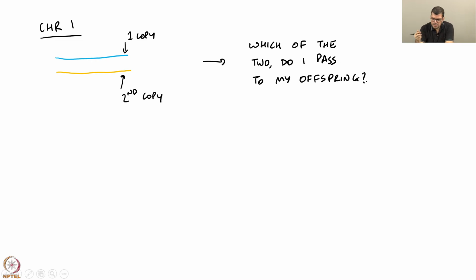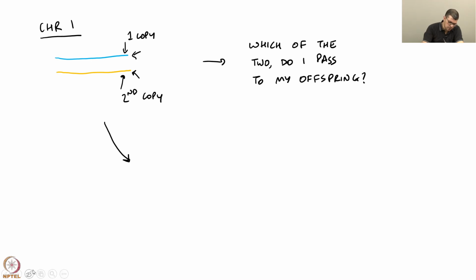And what nature does here is something very clever and quite complex. The copy that is passed to the progeny is neither this one nor this. What nature does is that it shuffles the two chromosomes back and forth and creates a hybrid, one copy of hybrid chromosome.